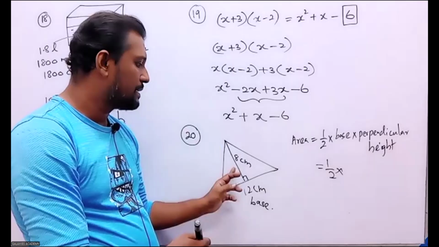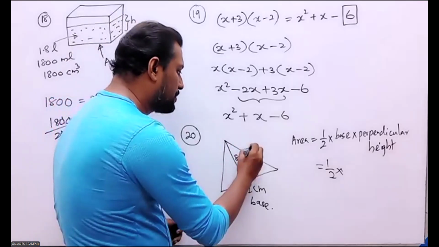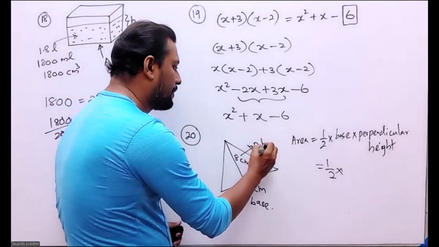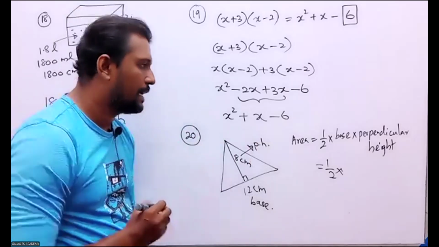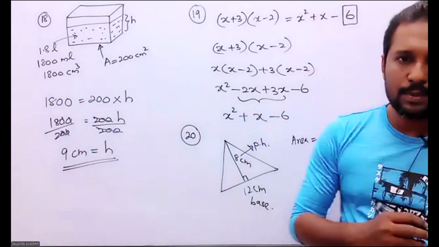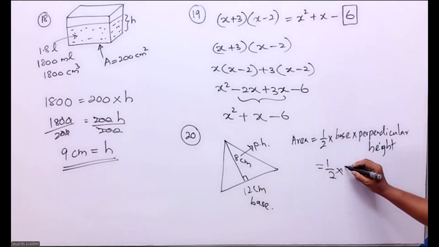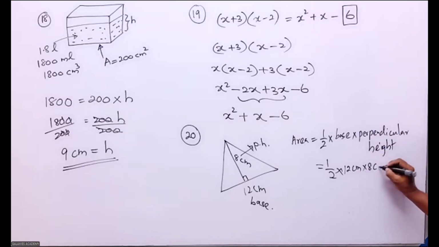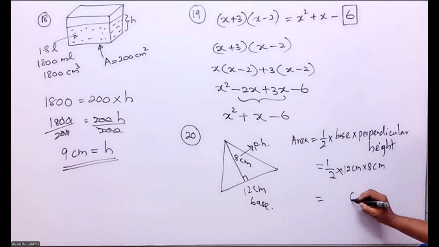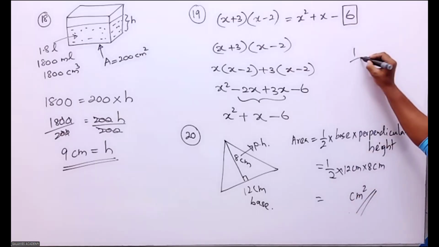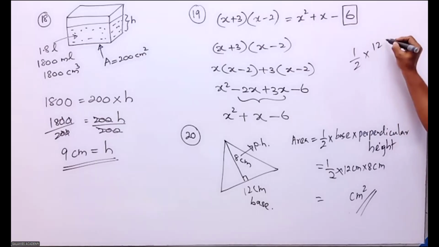So this one is the perpendicular height. So what is the perpendicular height? 8 centimeters, right? Then you can substitute half multiply base, which is 12 centimeters. Perpendicular height is 8 centimeters. Then you can get the answer in square centimeters. 1 over 2 multiply 12 multiply 8.